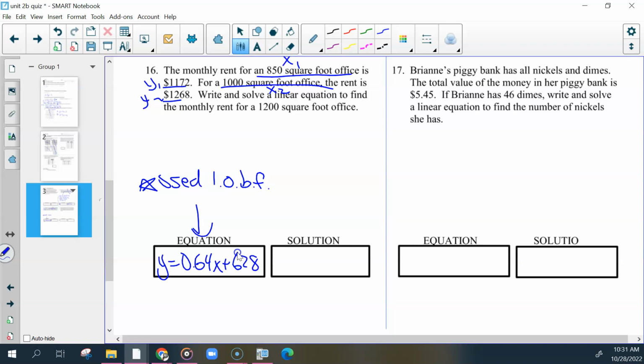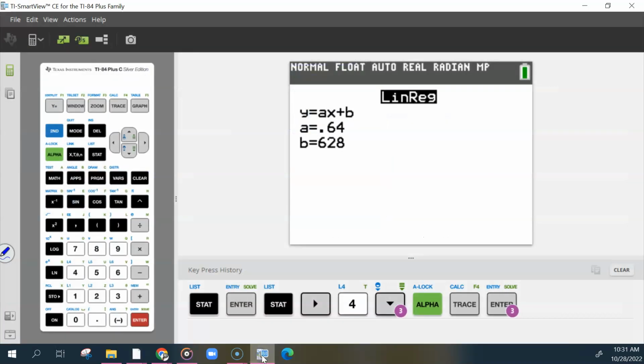And then to answer the question, this is also part of showing your work. I'm going to use the calculator, but you could also put this in for x and solve for y algebraically. I'm going to say that I stored this for x to show that I'm continuing to use the line of benefit. From this screen, I'm going to store 1200 for x.